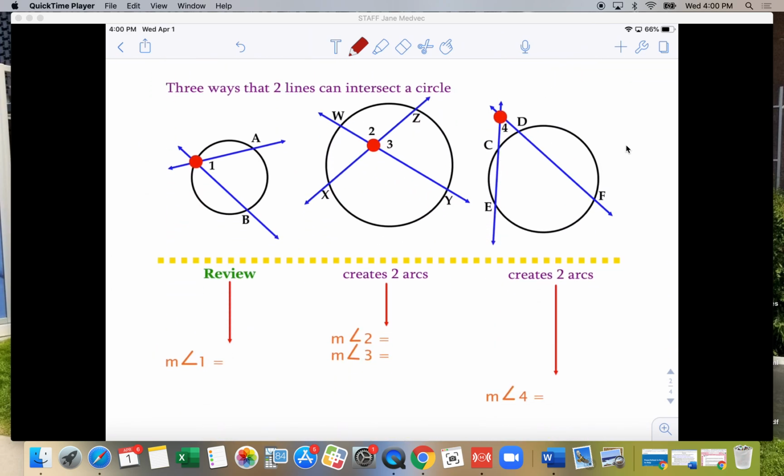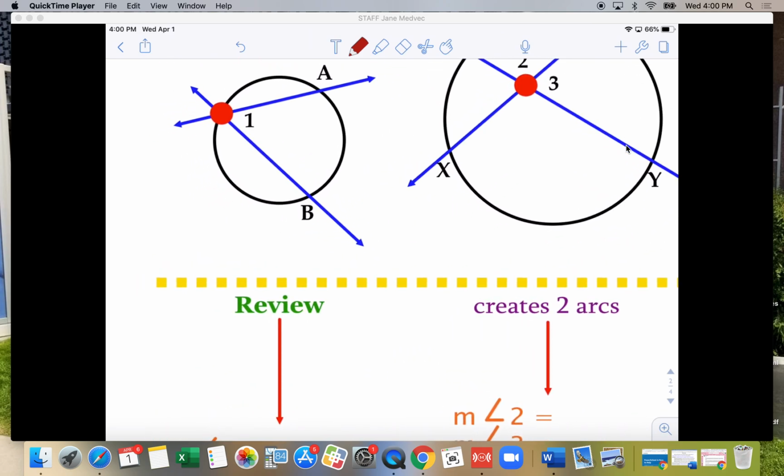There are 3 ways that lines can intersect a circle. The first way we've looked at before. In fact, you'll notice it says review. If the point is on the circle and the 2 lines run like this, this is called an inscribed arc or angle.